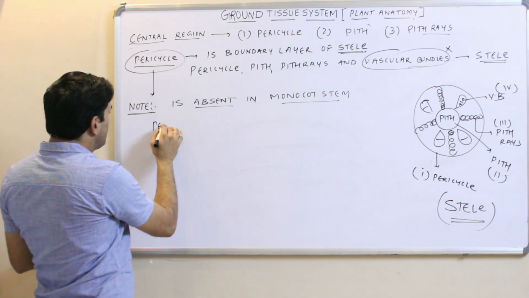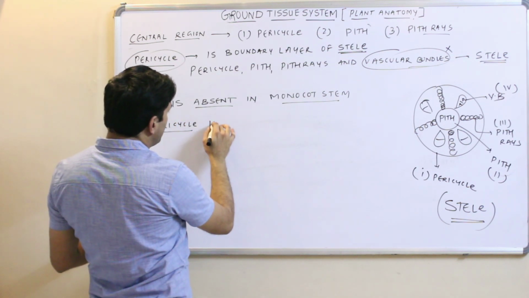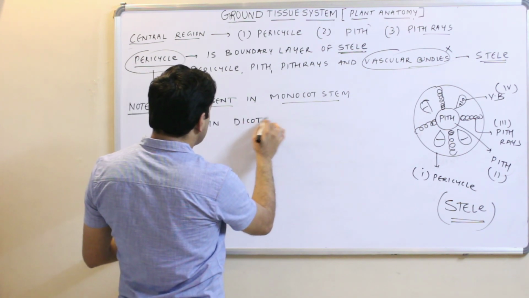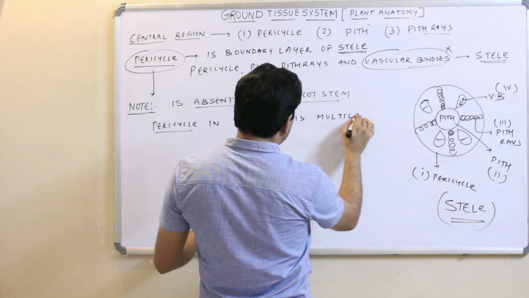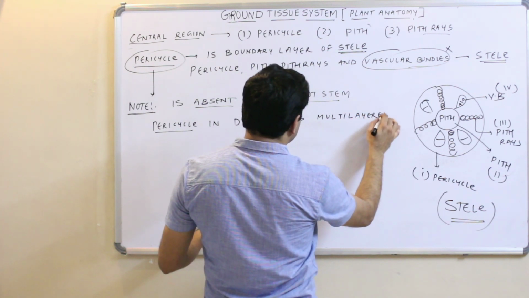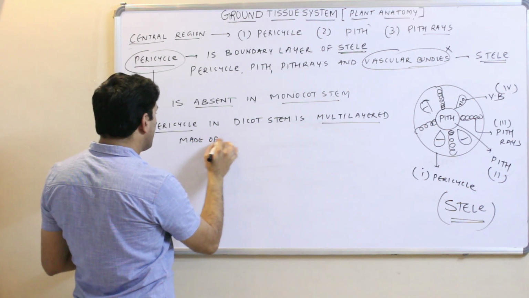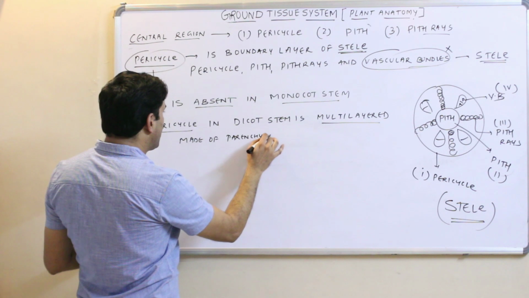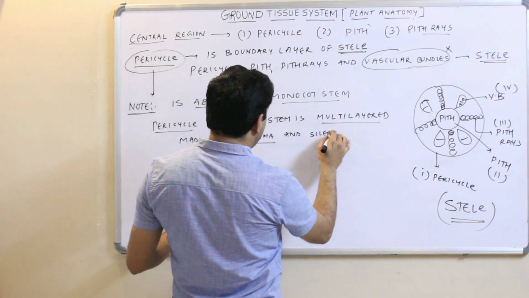Now pericycle in dicot stem is multi-layered, made of parenchyma and sclerenchyma.